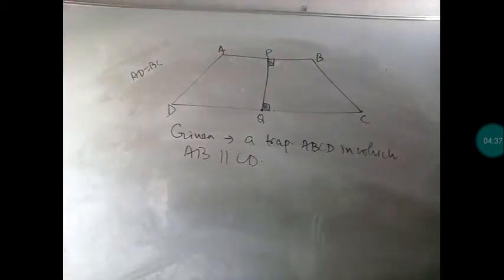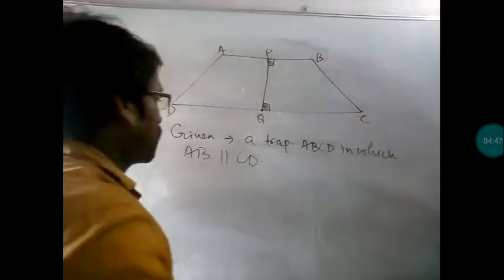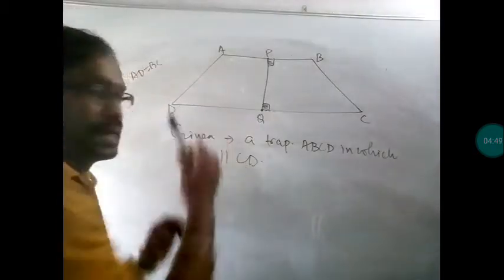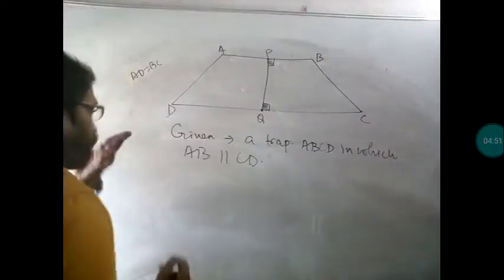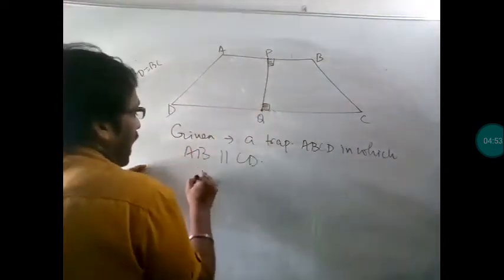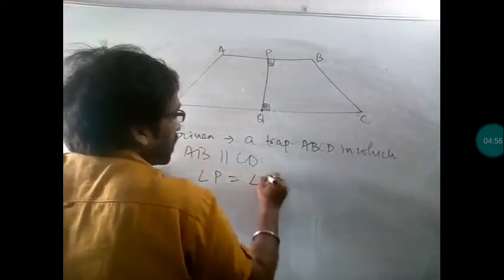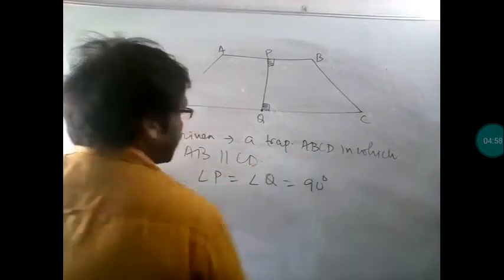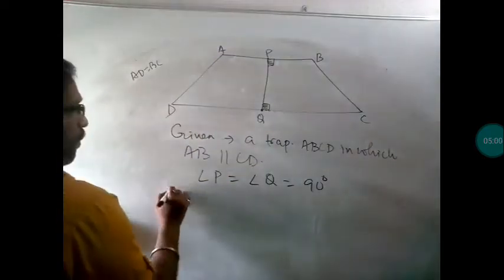We have to prove AD is equal to BC, when they have given that angle P and angle Q are equal to 90. See the figure very nicely here. I am also not in the frame so that you can see and understand the figure. Given is that angle P is equal to angle Q, both equal to 90 degrees.